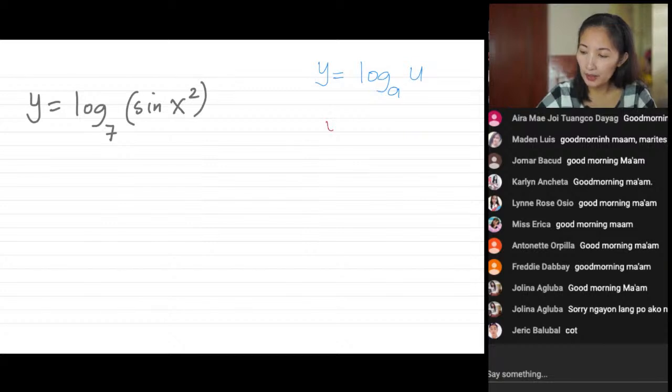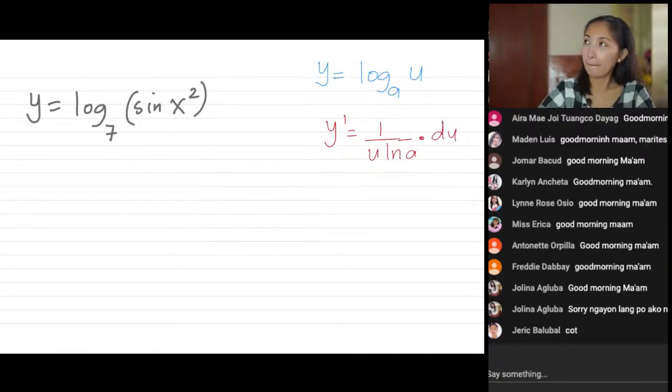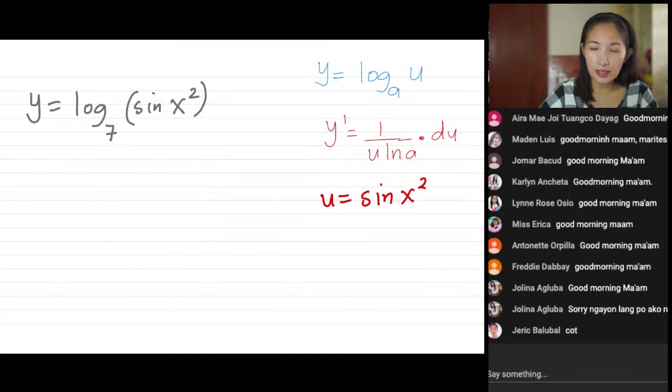Y prime is simply 1 over u times the natural logarithm of a times du. So here, in this problem, our u is sine of x squared, and our base is 7.